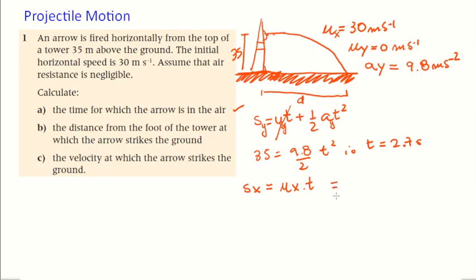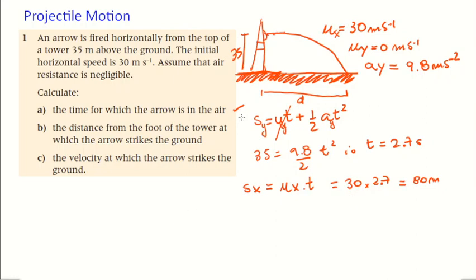That's as simple as that. So we have 30, which is our speed, times 2.7. It makes sense: in each second, it will move 30 meters. So if I'm moving during 2.7 seconds, I'll move 30 times 2.7 meters. That would be around 80.1, so two significant figures, 80 meters. There we go. That would be our displacement.